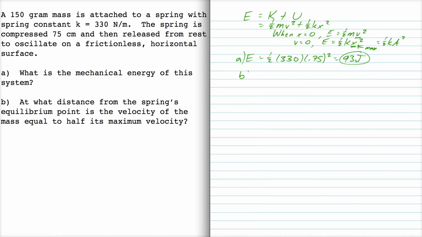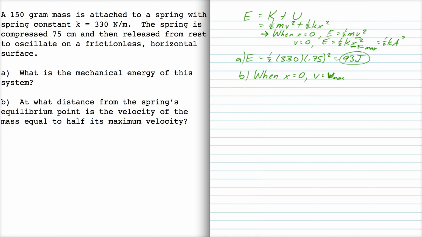Okay, part B. This is going to require some sort of algebraic trickery. At what distance from the spring's equilibrium point is the velocity of the mass equal to half its maximum velocity? Well, from up here, if we look at this equation, when x equals 0, v is equal to v max.